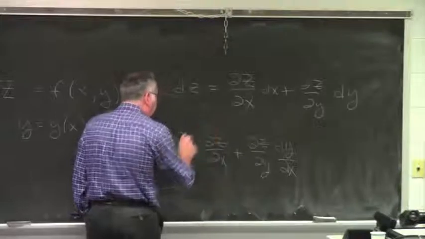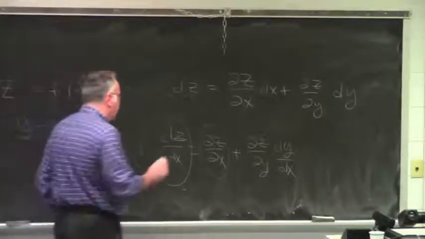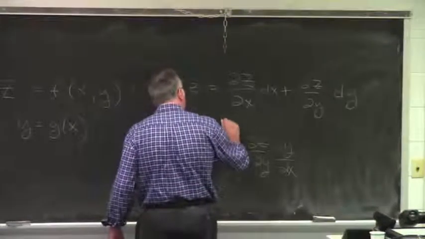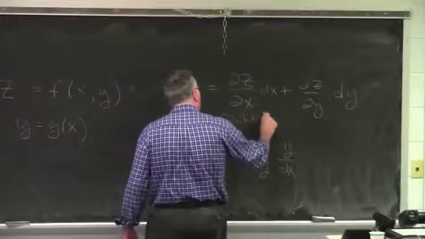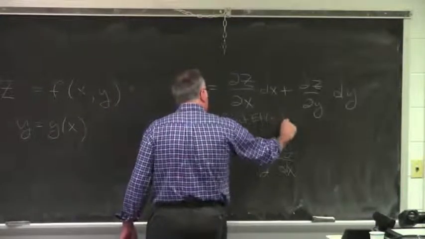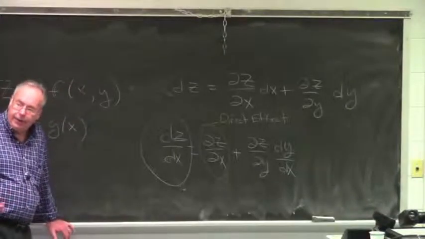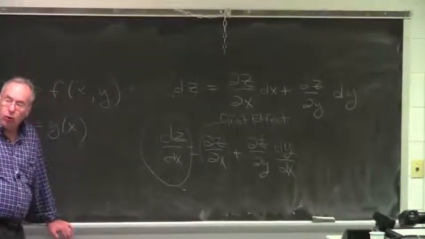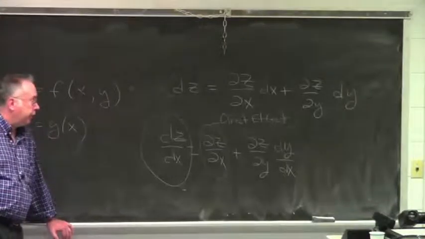This term right here is referred to as the direct effect. Okay, let me write this down. This is the direct effect. And clearly it's the direct effect of x on z, holding y constant, just the partial derivative. And that's called the direct effect.